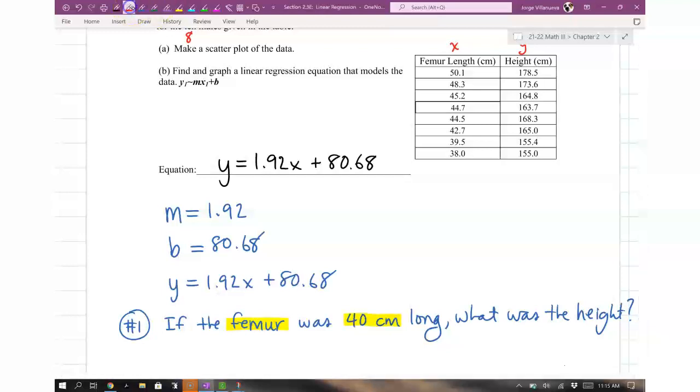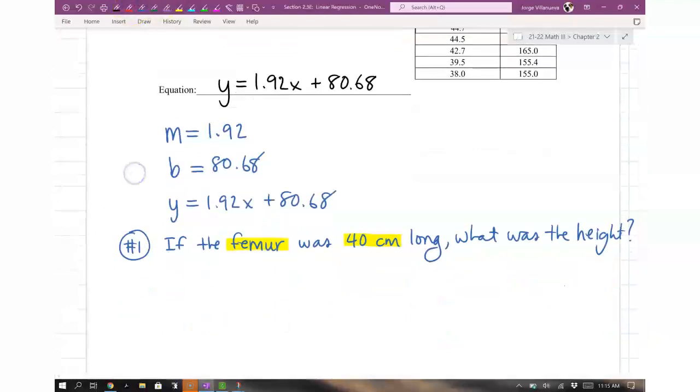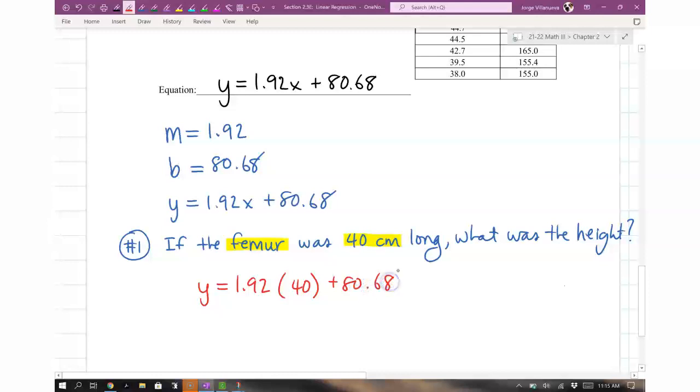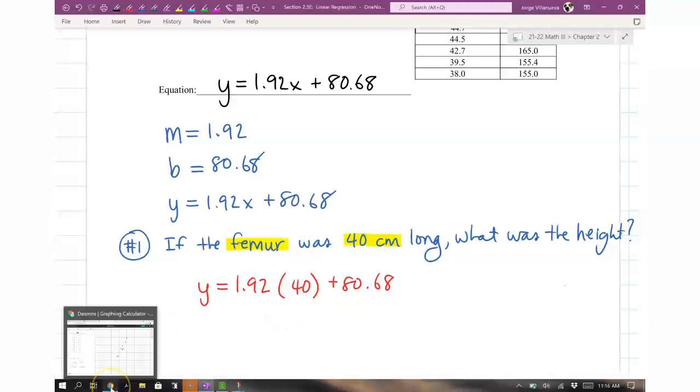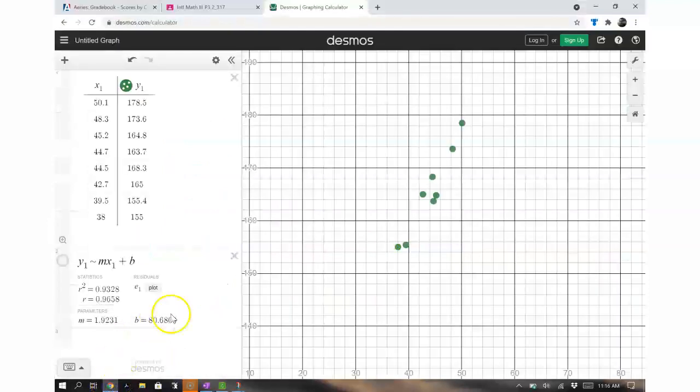So all I have to do is use my formula, Y equal to 1.92 times 40 plus 80.68. And punch that into your calculator. Now, I don't have a calculator up here with me, but I have Desmos, so let's do that. On Desmos, you can calculate stuff. I'm going to get rid of my charts, okay? So I'm going to press X on them.